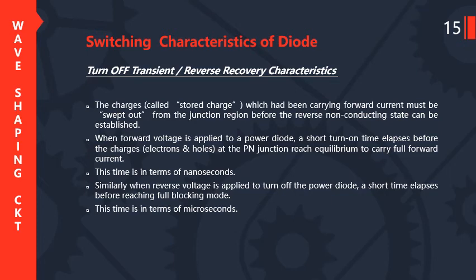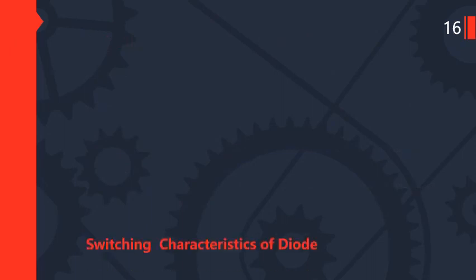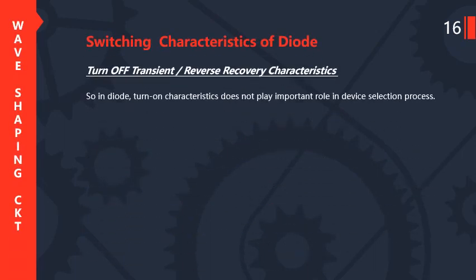Similarly, when the reverse voltage is applied to turn off the power diode, a short time elapses before reaching full blocking mode. This time is in terms of microseconds. So in a diode, turn on characteristics do not play an important role in the device selection process.